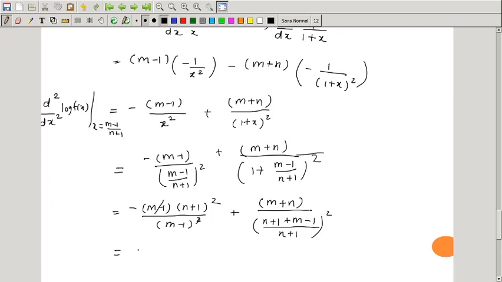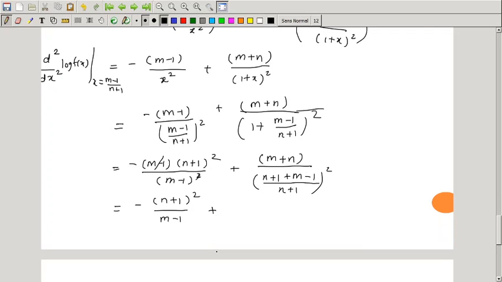So again, what we get is minus (n plus 1) bracket square upon (m minus 1) plus (m plus n) into (n plus 1) bracket square divided by (m plus n) bracket square.